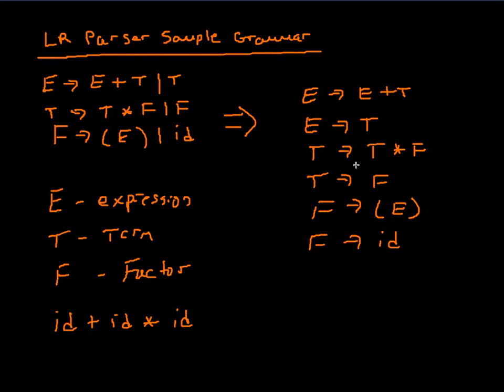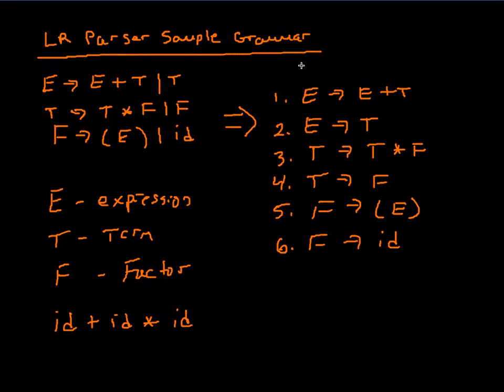And then as we build up the state table, we need to have some way to refer to these individual productions. So we're going to number these 1, 2, 3, 4, 5, and 6, and we'll see these numbers come into play in future videos as we build up the state tables that describe how to parse this language.